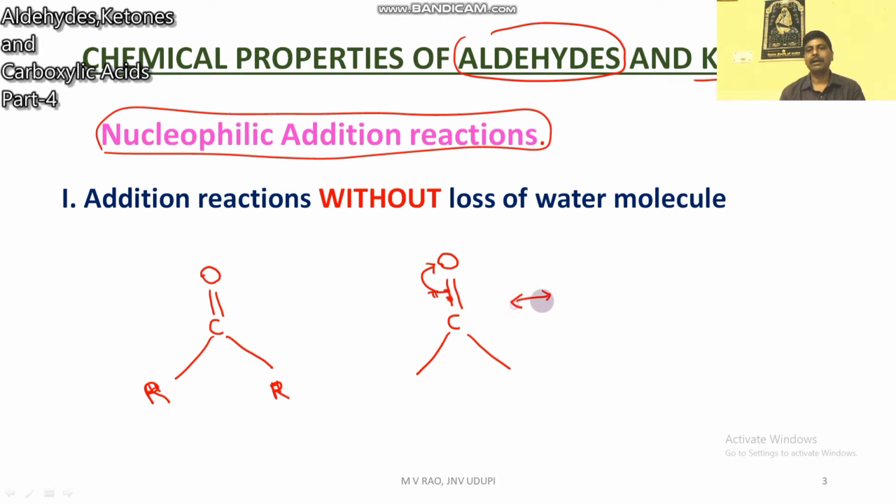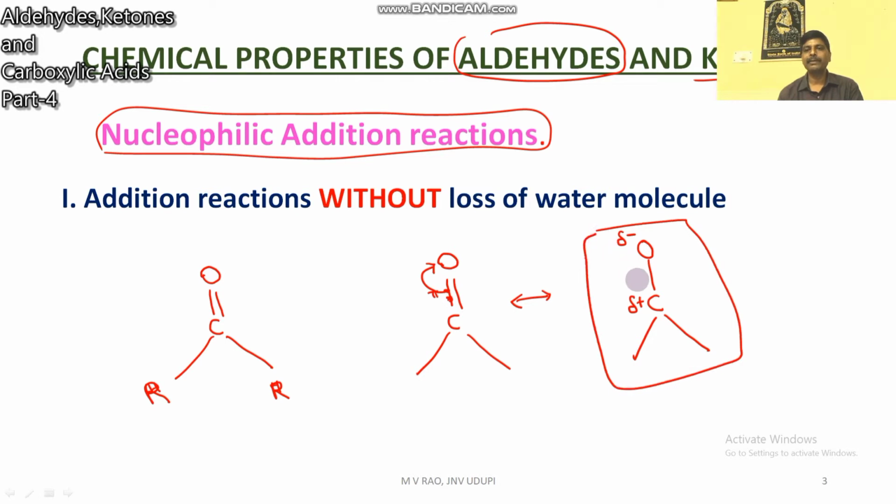Now oxygen will get a partial negative charge, and carbon will get a partial positive charge. So this is the nature of the carbonyl group: carbon has a positive charge, oxygen has a negative charge.